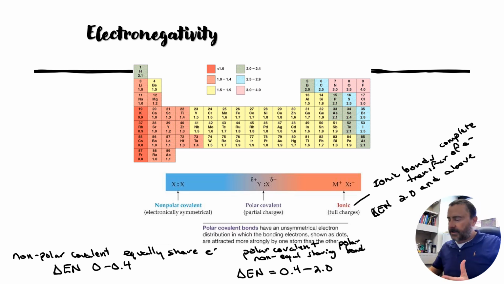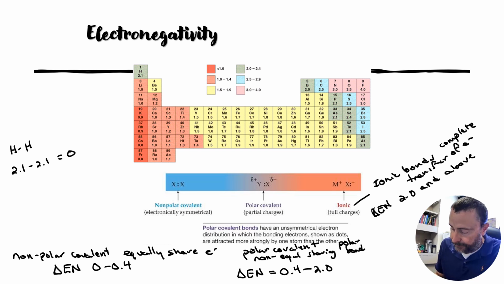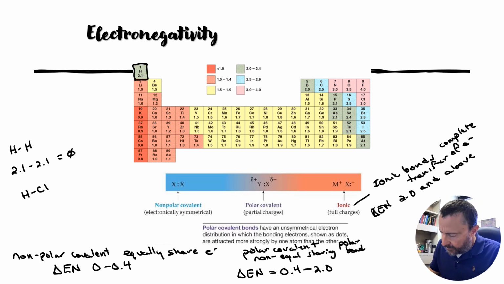So we can just look up those values in these tables. Again, on the next slide, we're going to have a hydrogen-hydrogen bond. So the electronegativity difference is 2.1 minus 2.1, which is 0. Or if I had a hydrogen chloride bond, hydrogen is 2.1.